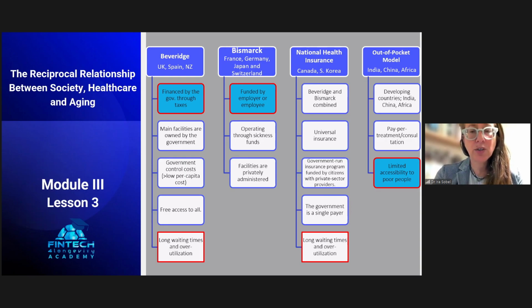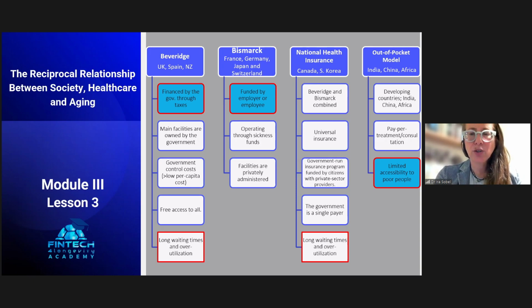The US also has a mixed model in that there are public options like Medicare and Medicaid alongside a vast array of private medical insurance. And lastly, the US is unfortunately also an example of the out-of-pocket model because of a large segment of the population in the US who must pay for healthcare services out of pocket.